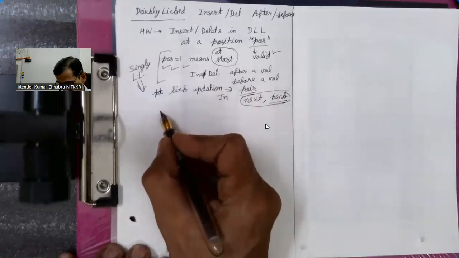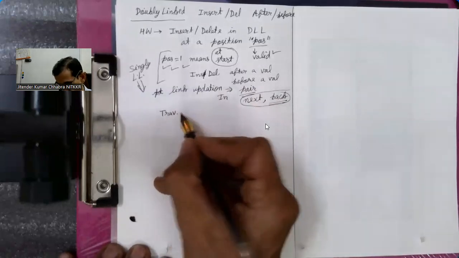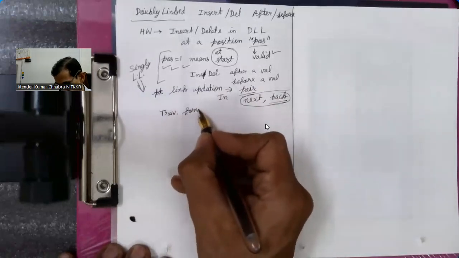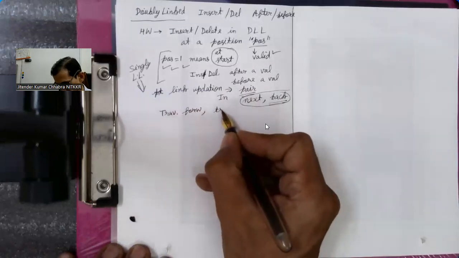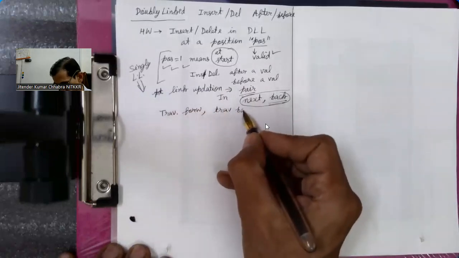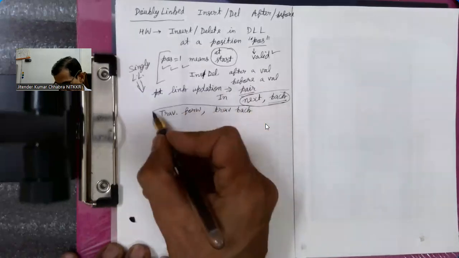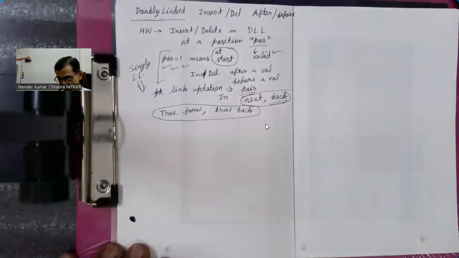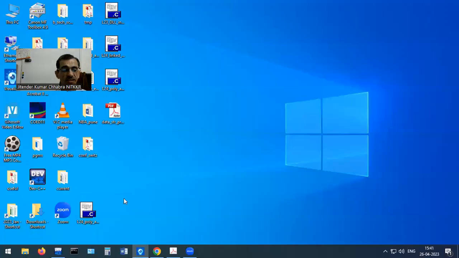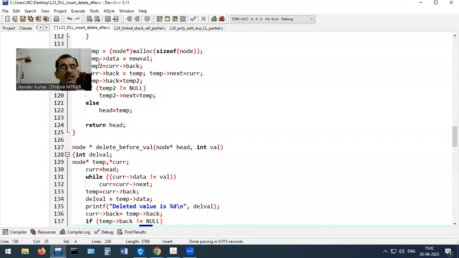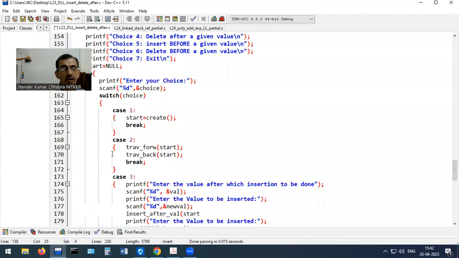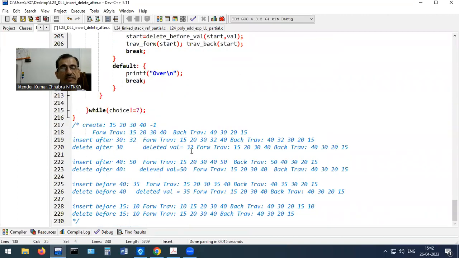Secondly, whenever you are implementing that, always test your results for the traverse forward as well as for the traverse backward. That must be done after every operation and both must be tested. So I'll show you the test cases for insert and delete after, and similarly, you can also try insert before or insert after at a position also.